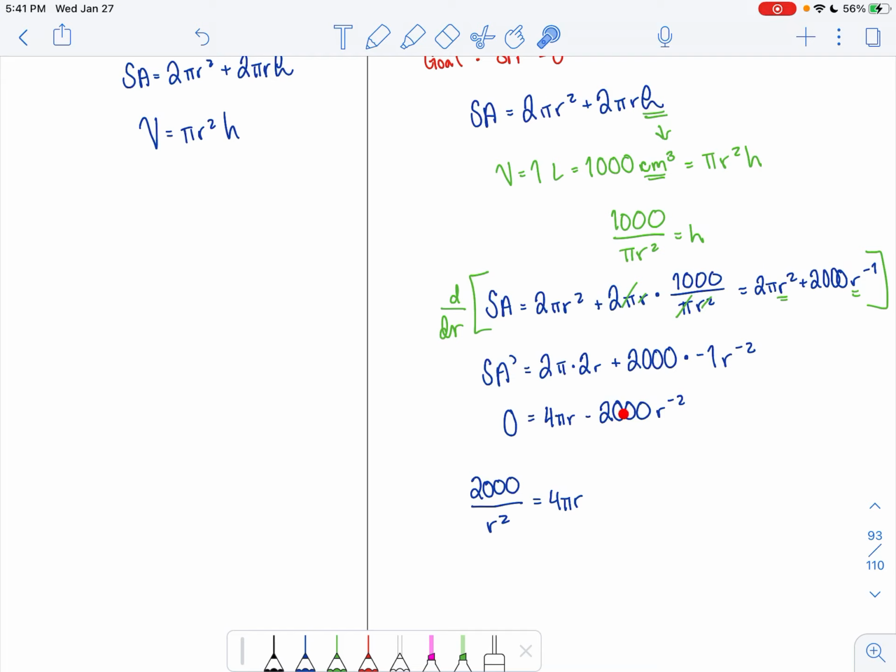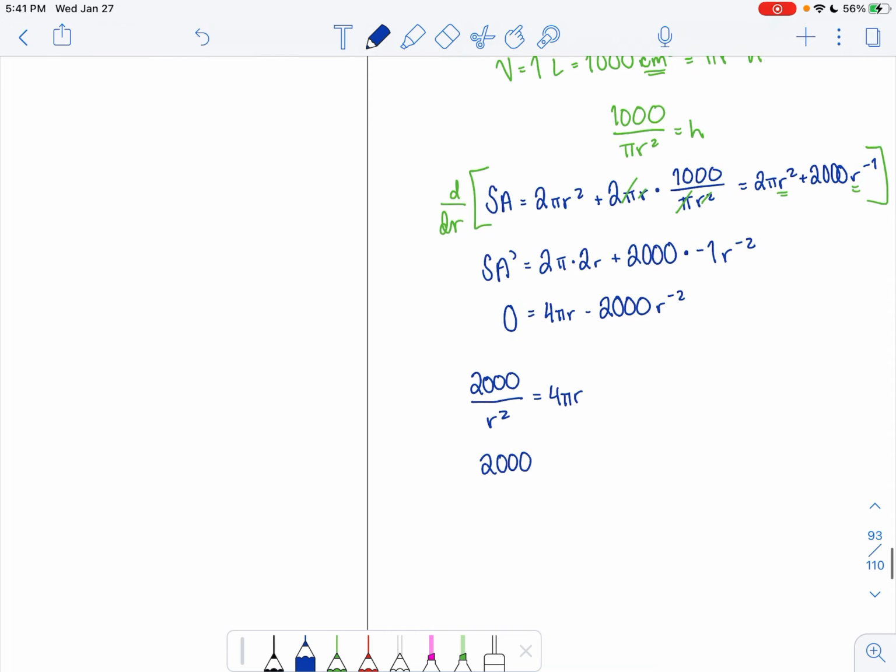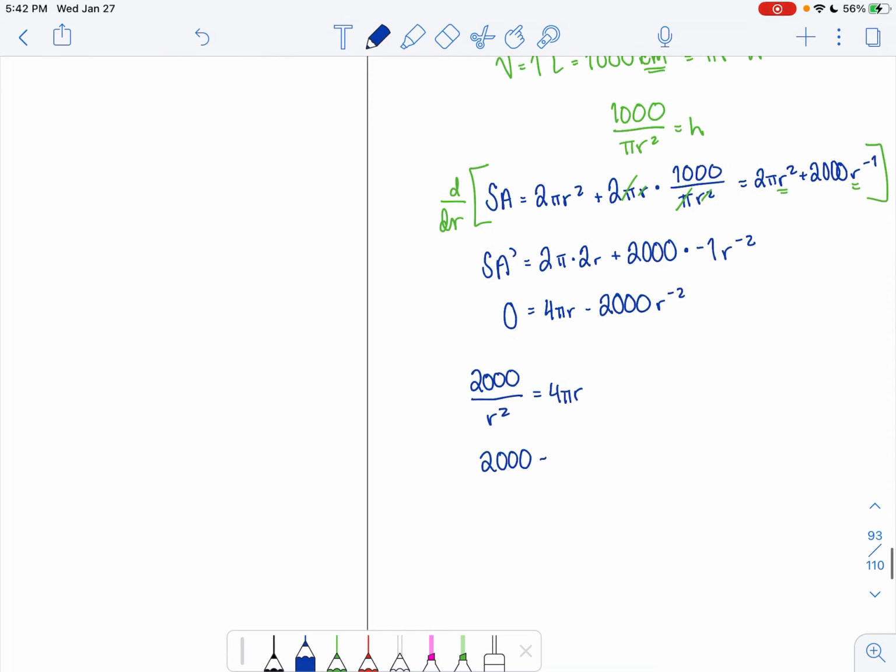Then I'm going to multiply by r squared up. So then I get 2,000 equals 4 pi r cubed. 2,000 over 4 pi is equal to r cubed. Get that by itself. Cube root.